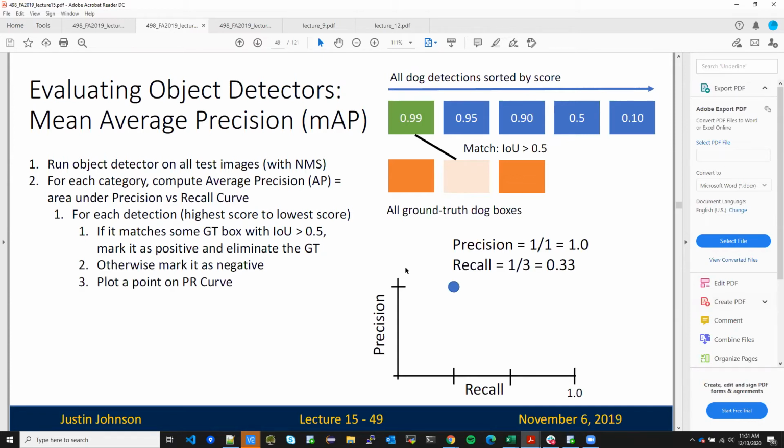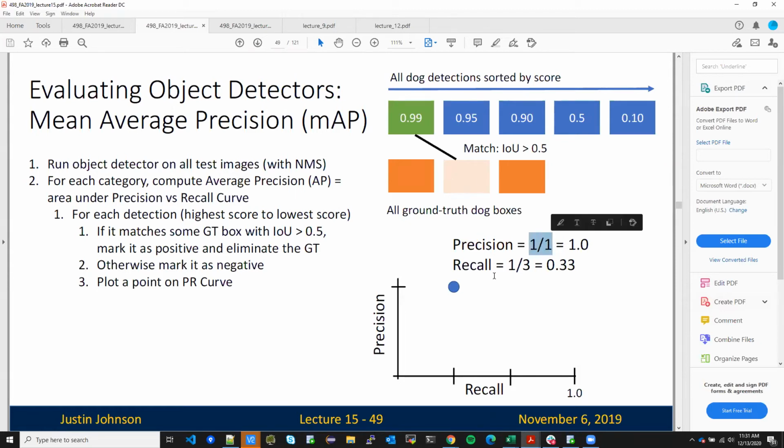For each of these points, you create this precision and recall graph. Here our precision was 1 because we had one prediction and one detection, so one by one.